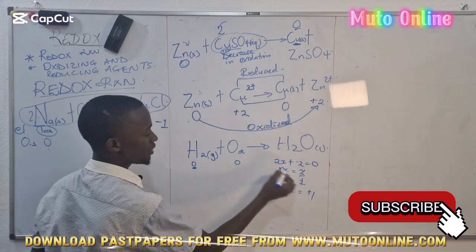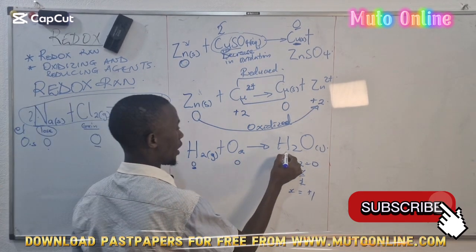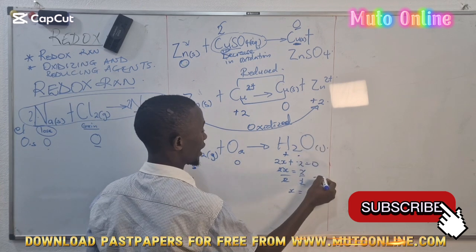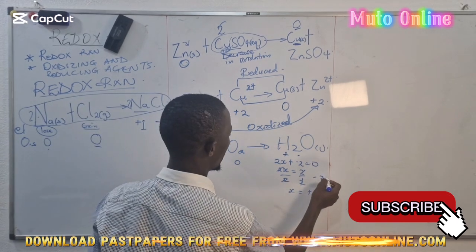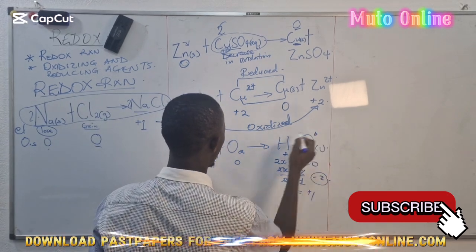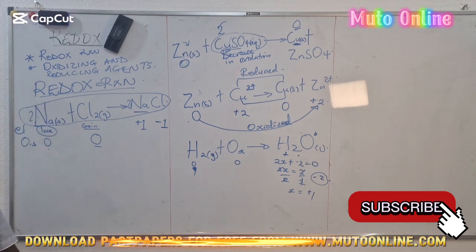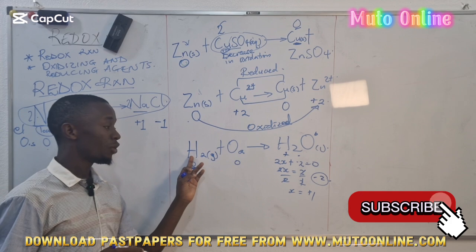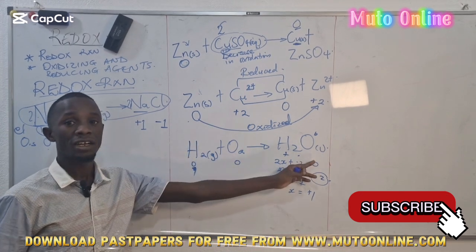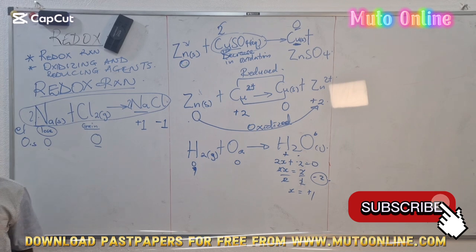So there is an increase in oxidation state of hydrogen. For this it is 1, and for this one it is negative 2. There is a decrease in the oxidation state of oxygen and an increase in the oxidation state of hydrogen. So in this reaction, hydrogen is oxidized to water as oxygen is reduced to water.